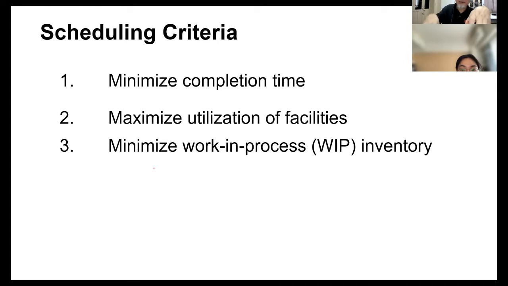It's still being processed. So you want to minimize that. What's the measure for minimizing work in process? How can you evaluate work in process inventory? Now, Yu Hong, how do you evaluate minimization of work in process?